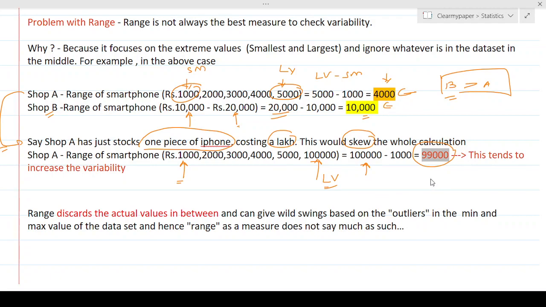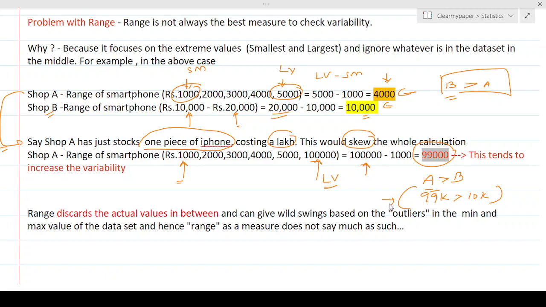So it looks like shop A has more variability or more range than shop B, because 99K is greater than 10K. But that is not necessarily true. Just one iPhone in the mix completely distorts it.